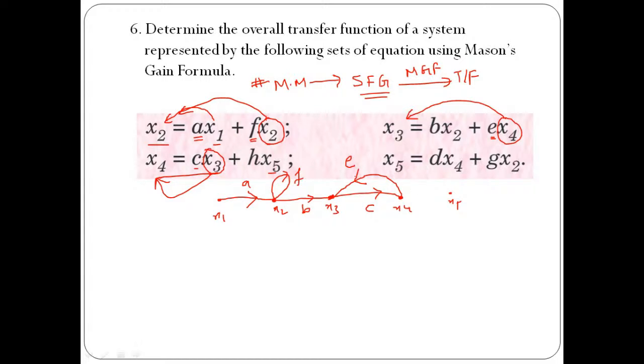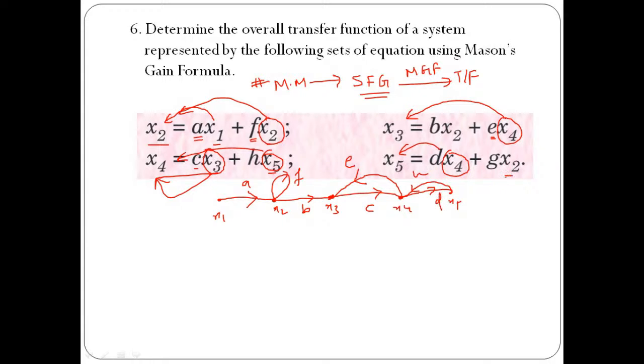And then x5 to x4 with a gain of h. In the same way, if you apply the logic to the next equation, it will be x4 to x5 with a gain of d.